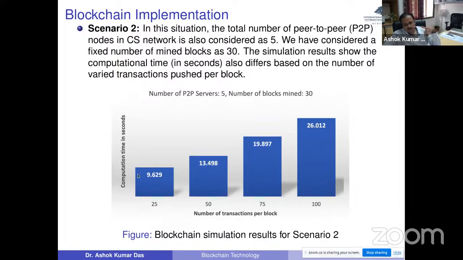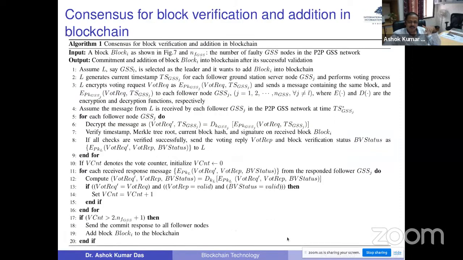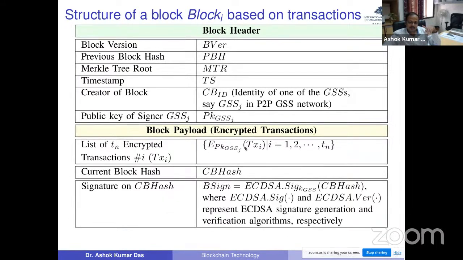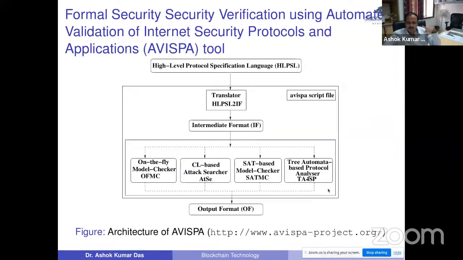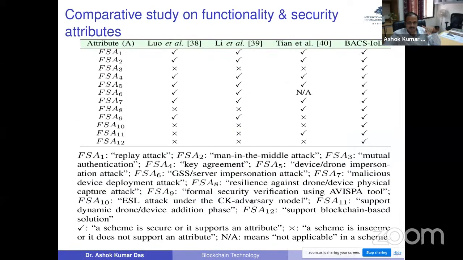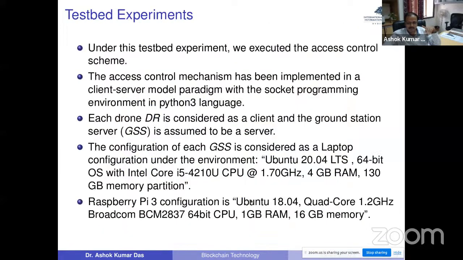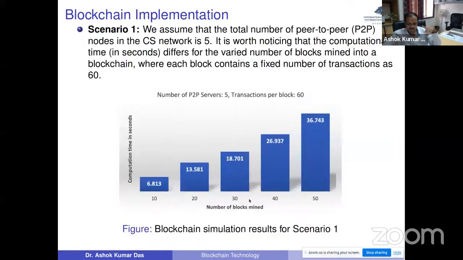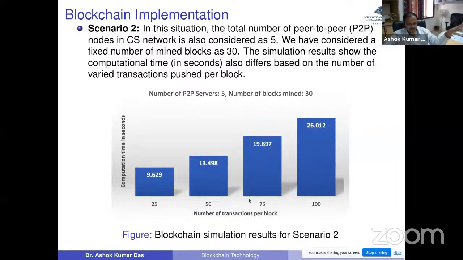Then we see that the computational time required for the mining purpose also increases slowly and linearly, because more transactions lead to more verification of the Merkle root, current block signature time. Due to that, your time also increases linearly when the number of transactions in each block is more. So that was the scenario that we used.